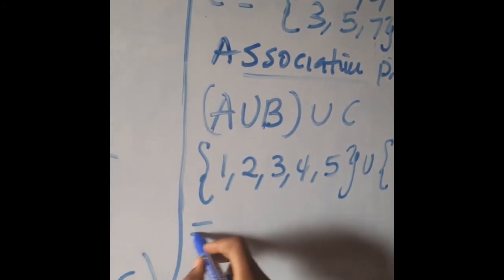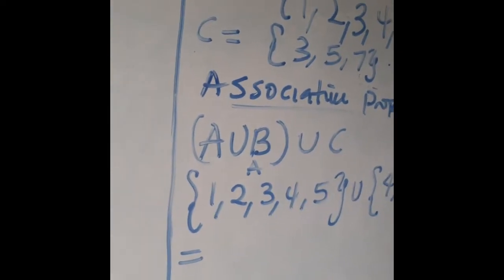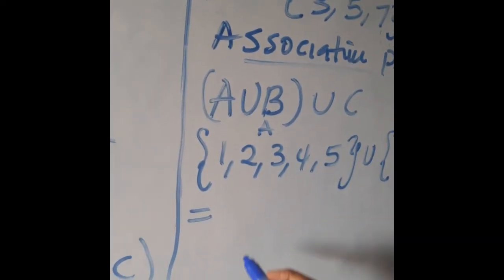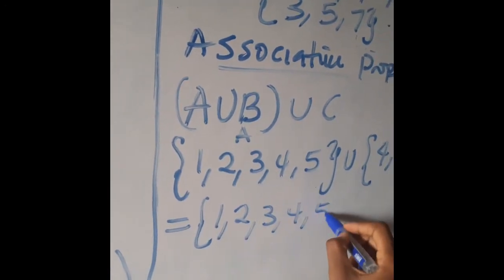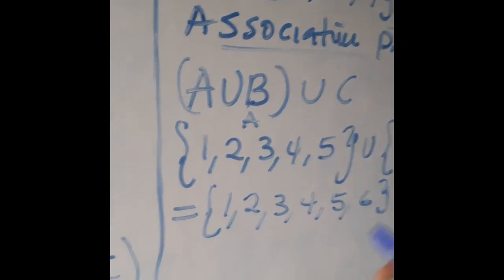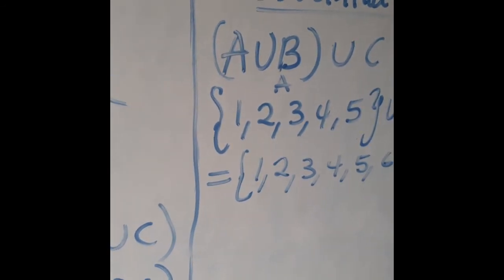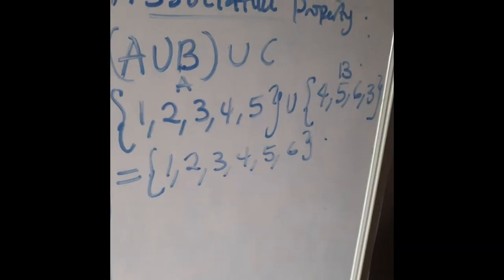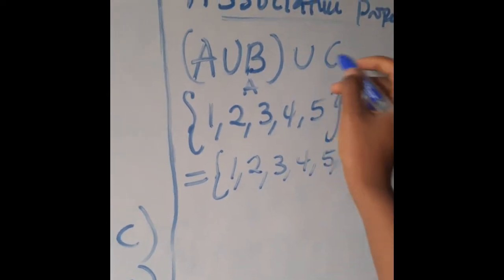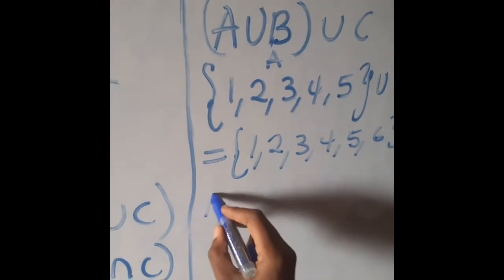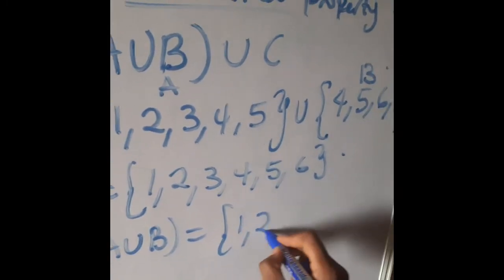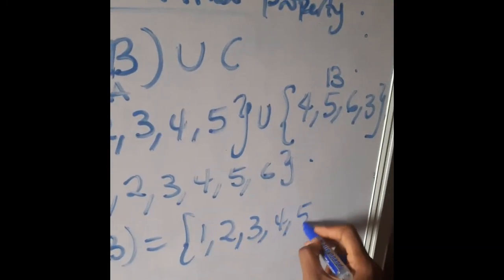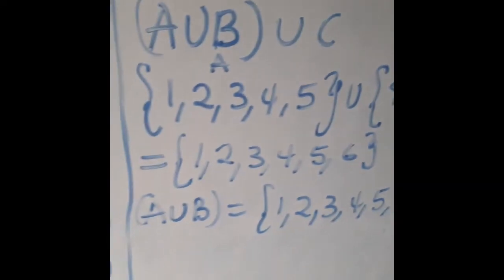So this is A and this is B. This gives us 1, 2, 3, 4, 5, 6. Let us now add union C to it. So A union B equals 1, 2, 3, 4, 5, 6.